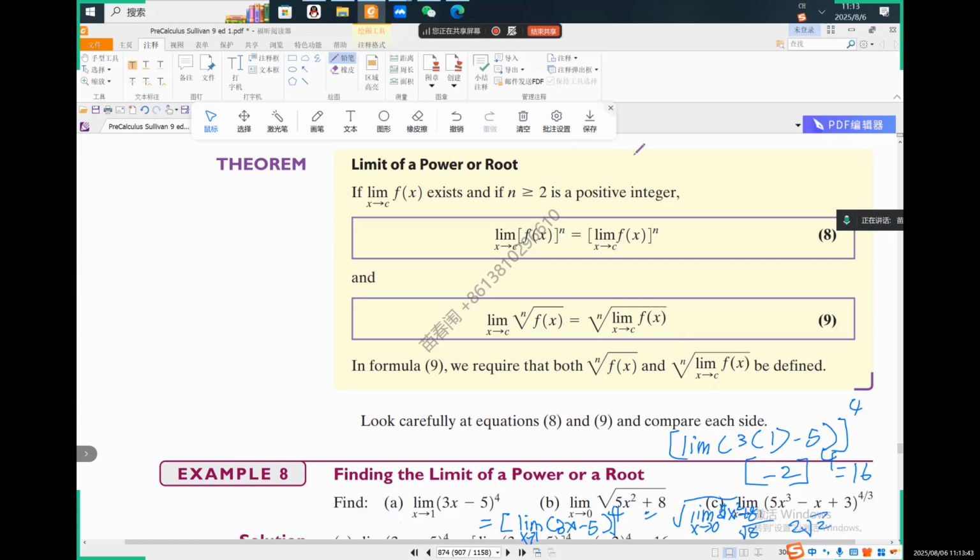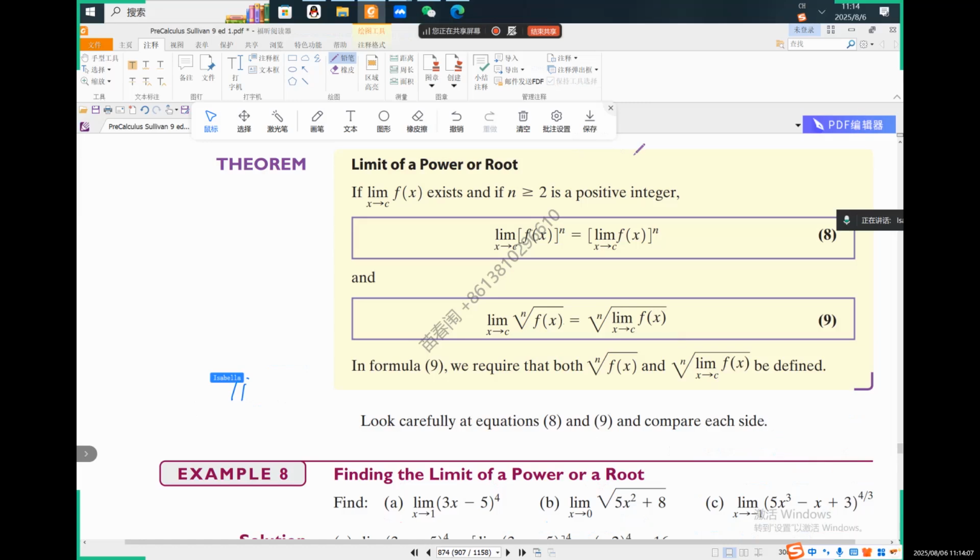And then C. Okay, number C, the limit as x approaches 5. Okay, I can barely see it.